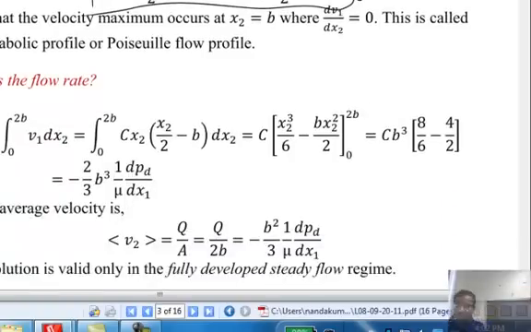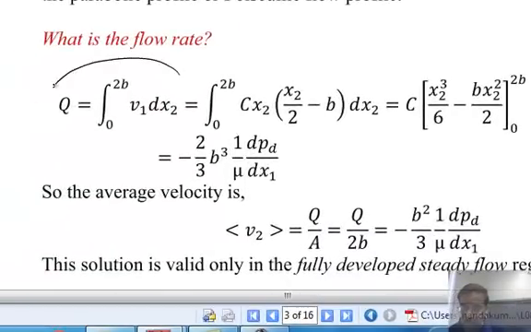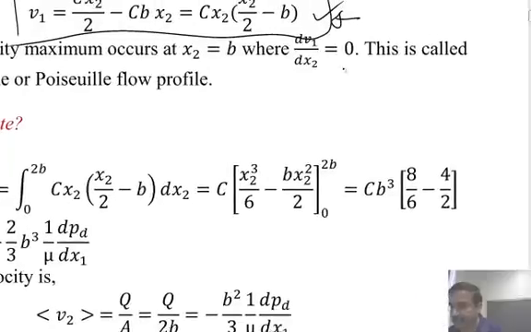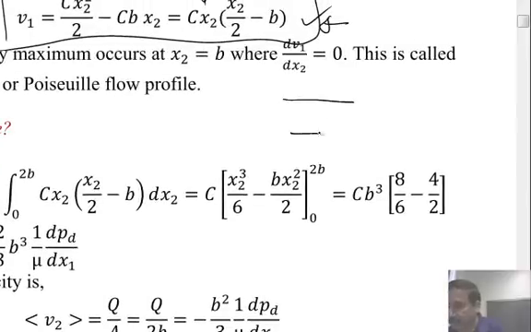The flow rate is determined from an equation like this. Q equals the integral of v1 dx2, integral from 0 to 2b. Now, when I write something like this, if it is not clear, you have to stop me there. Are you following where that equation comes from? This is the geometry that we are looking at.